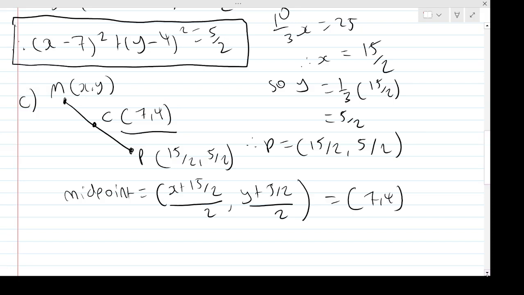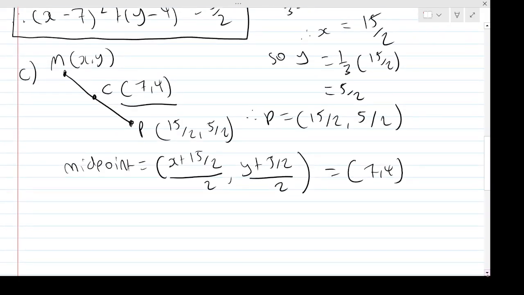Then I can equate those two coordinates together. The x parts firstly: (x plus 15/2) over 2 equals 7. Therefore, x plus 15/2 equals 14. If I subtract 15/2 from both sides, I then get x equals 13/2.